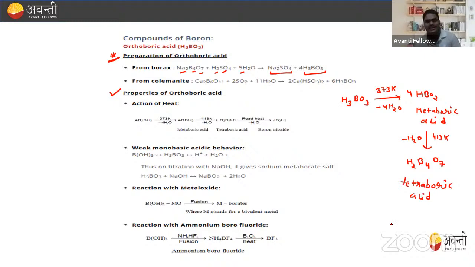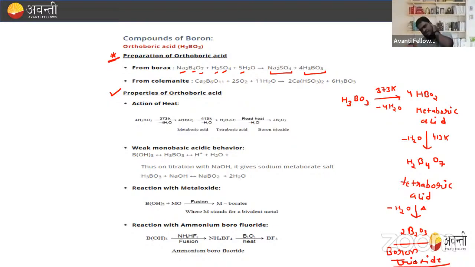This is known as tetraboric acid. Now, again in the final step, when you heat it, elimination of a water molecule takes place and you will get B2O3, or boron trioxide. Always remember this, that is boron trioxide.